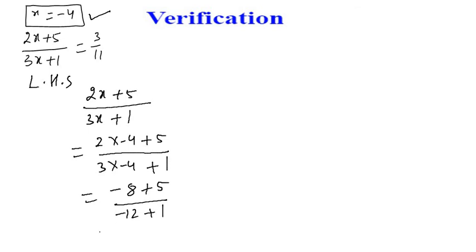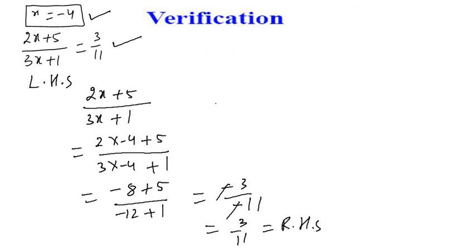So it will be minus 3 upon minus 11. Minus will be cancelled out, so we get 3 upon 11, and that is the right hand side of the question. You can see here, so it's verified. You can write here verified. You can verify it this way.